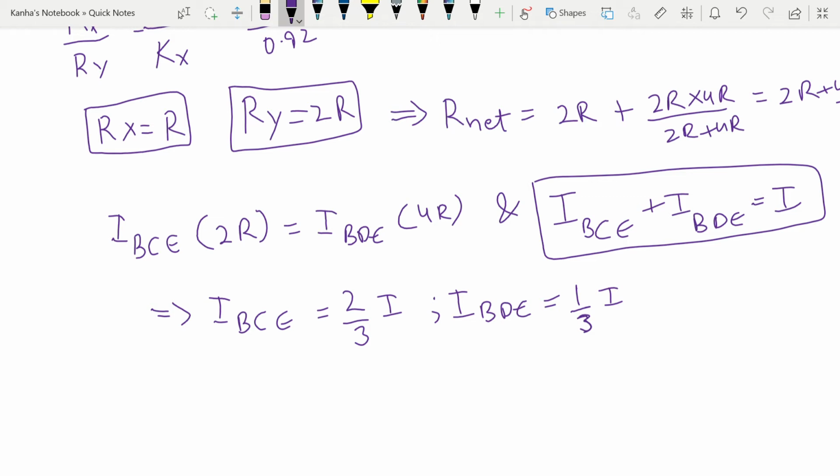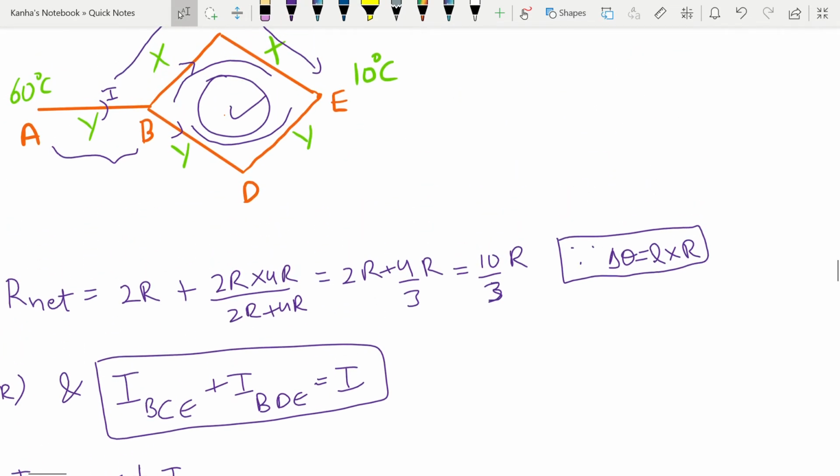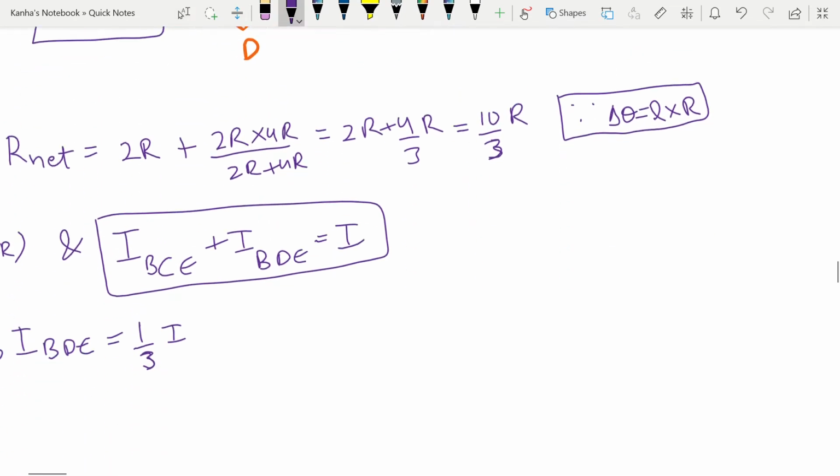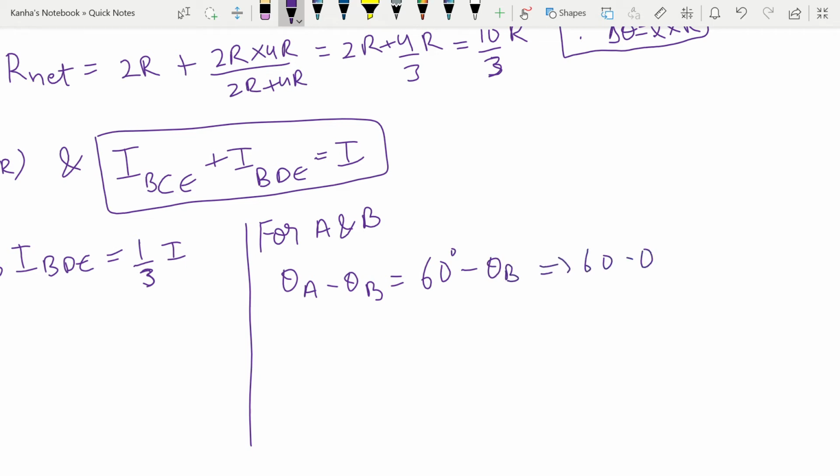Okay, now that I have this for A and B, now let's look at the section. I'm looking at this section first. So for A and B, I have theta A minus theta B is equal to 60 degrees Celsius minus theta B. That implies 60 minus theta B is equal to the resistance there into the current there.